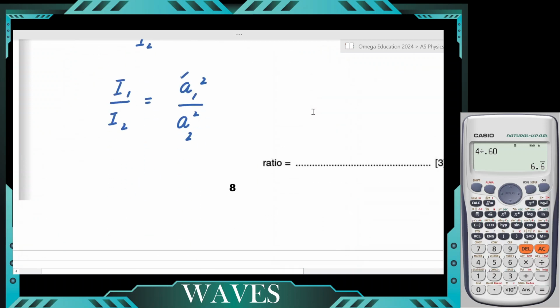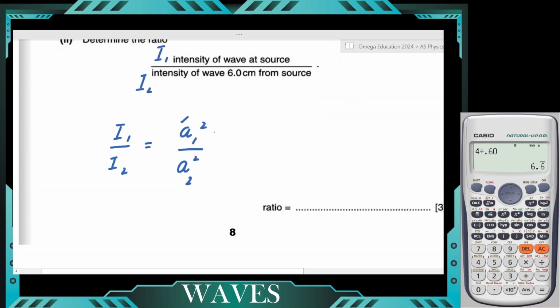So let us insert the values. A1 is 2 millimeters. Not going to write the units, but we have to take the square of it, divided by A2, which is minus 1.1, and square of it. You have to take square of the entire value, including the negative sign. Do not write it something like this.